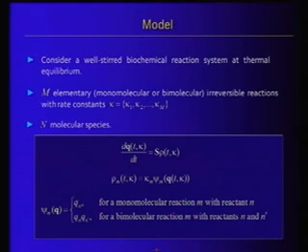This is a first order equation, so it's a very simple equation. Okay? However, there are some complications here. This rho is also a vector. It has dimension m, so it contains components that depend on the reaction, not on the species.